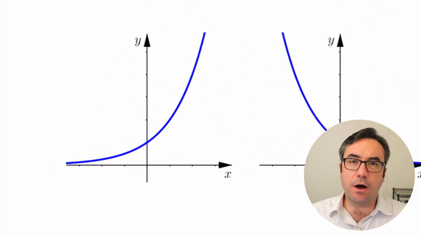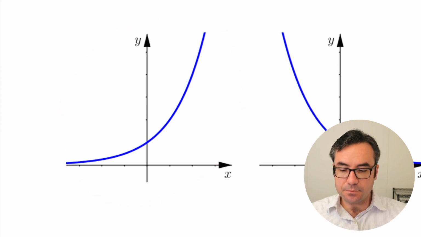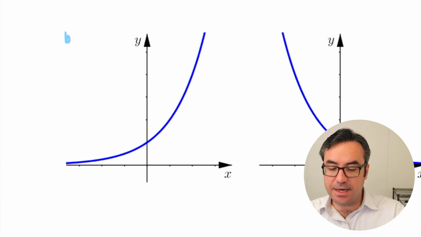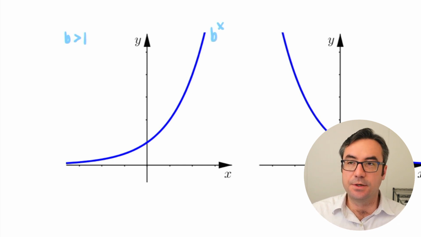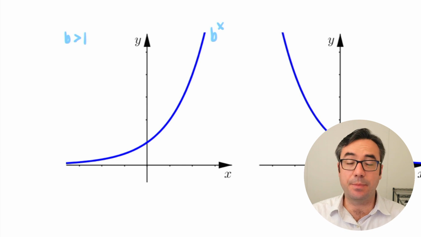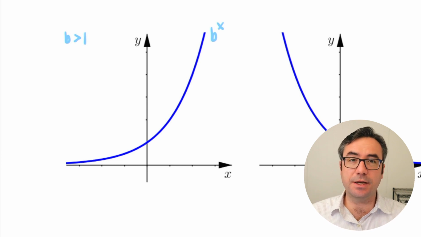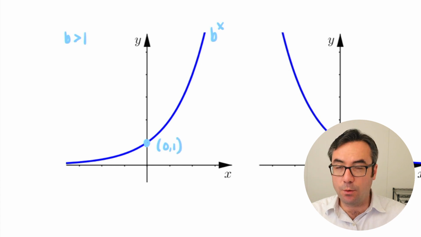Really all exponential functions that we're going to be looking at have this sort of graph. Technically this is a special case where the base term is greater than 1. So this is the graph of b raised to the power x. One common property that all exponential functions have is they all go through the point 0, 1.